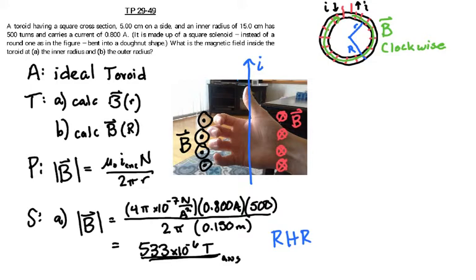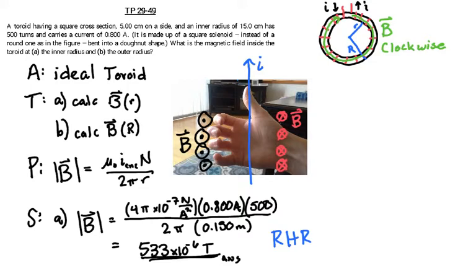But in the case where the current is coming in, the wire goes over the top of the toroid, and so our palm is facing away from us. That magnetic field is going into and out of the page. Right over the top of the wire, it's pointing to the right, and below the wire, it's pointing to the left.